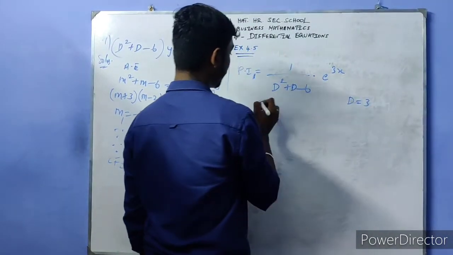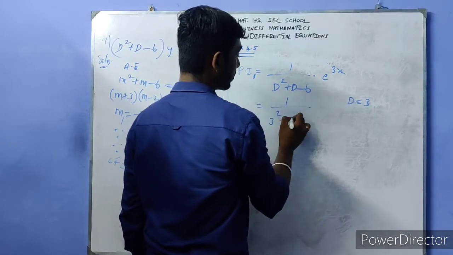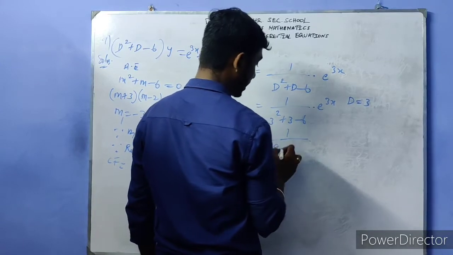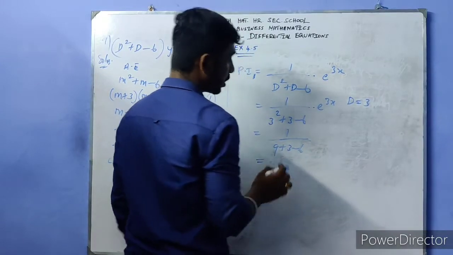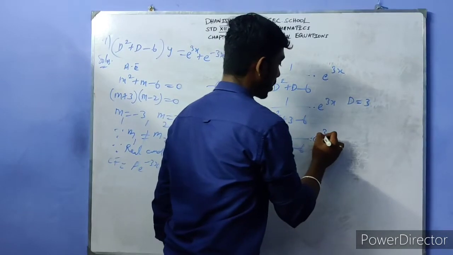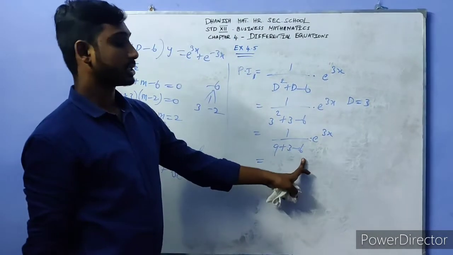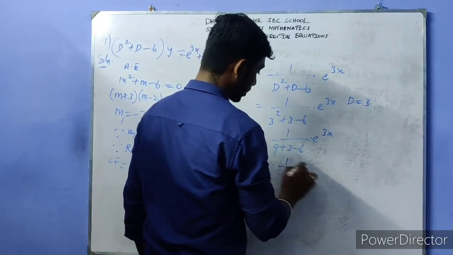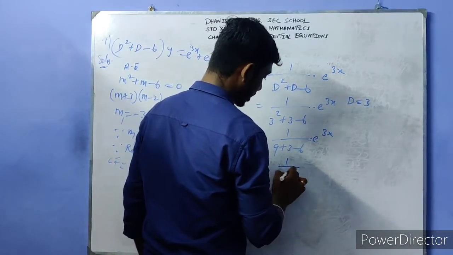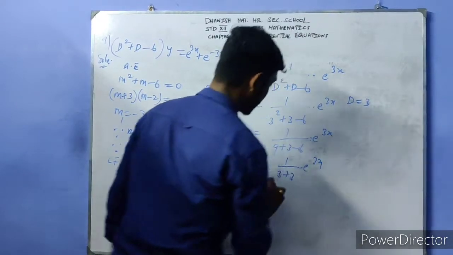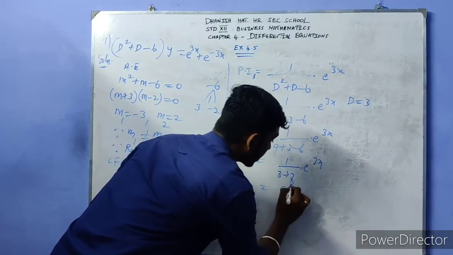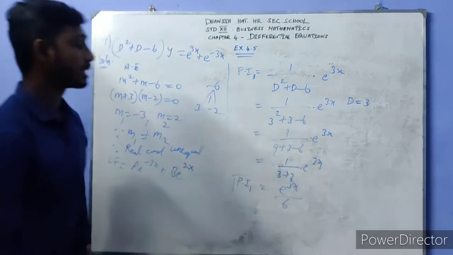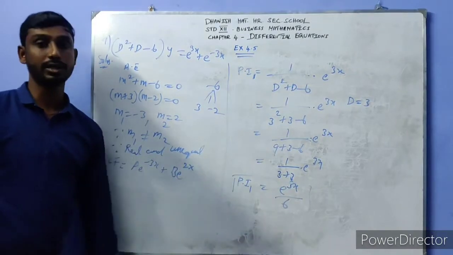That is 3. 1 divided by 3 square plus 3 minus 6, e power of 3x, that is 9 plus 3 minus 6. So 9 minus 6 will be 3 here, 3 plus 3, that will be e power of 3x divided by 6. This one is PI1, that will be e power of 3x divided by 6.